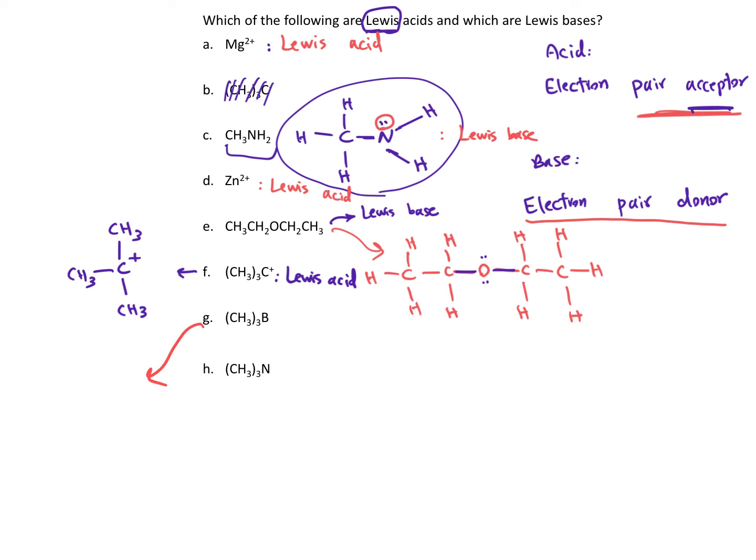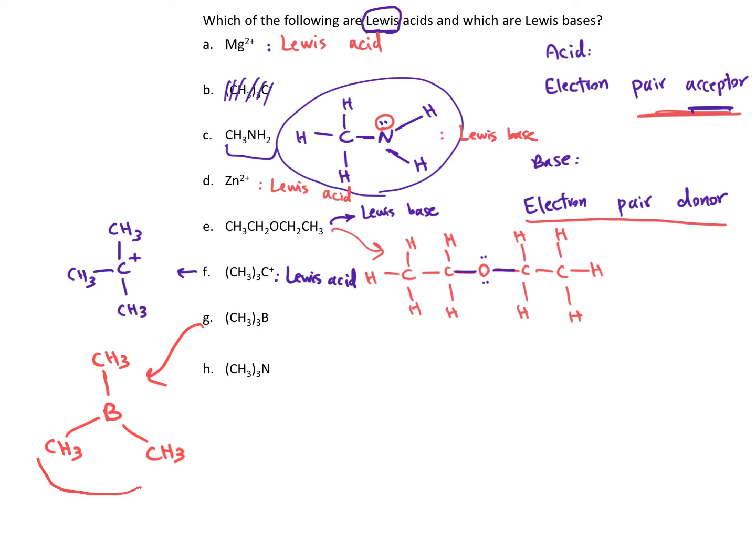And then here, this one is a little tricky, so I need you guys' attention. So (CH3)3B, boron. So basically we have boron here and it has 3 methyl groups. And it doesn't have non-bonding electrons. So this one is an exception from the octet rule.